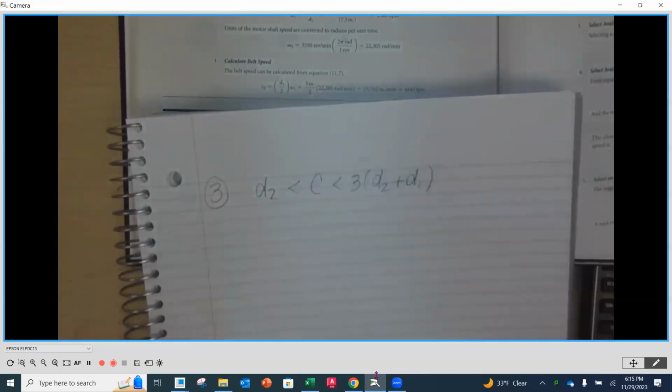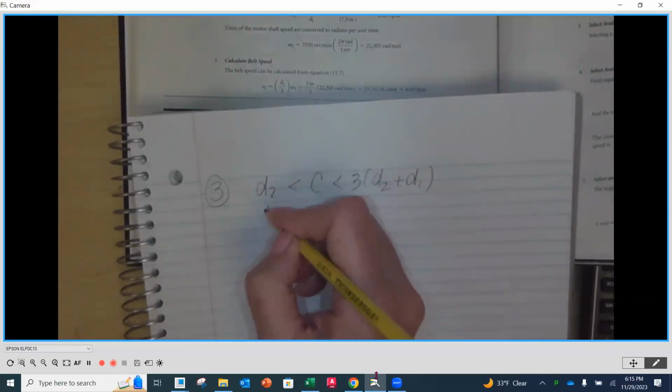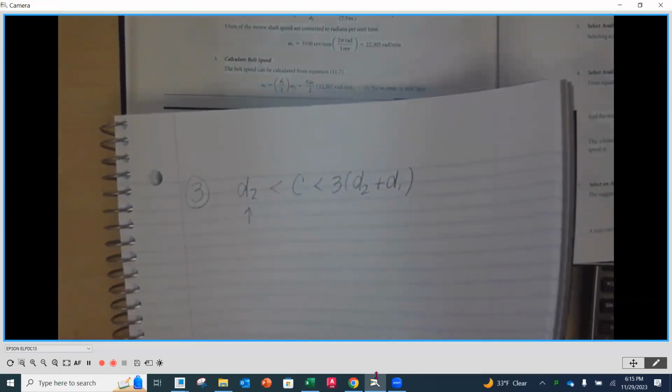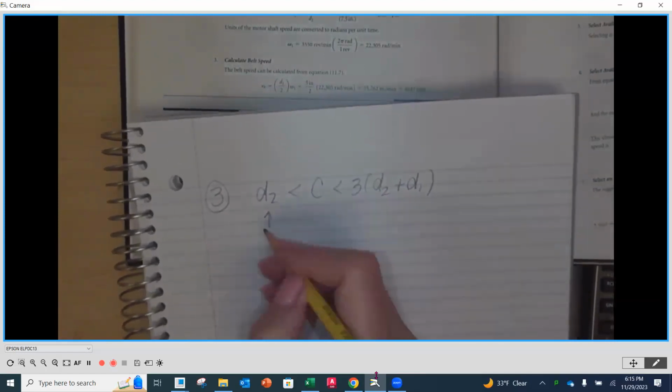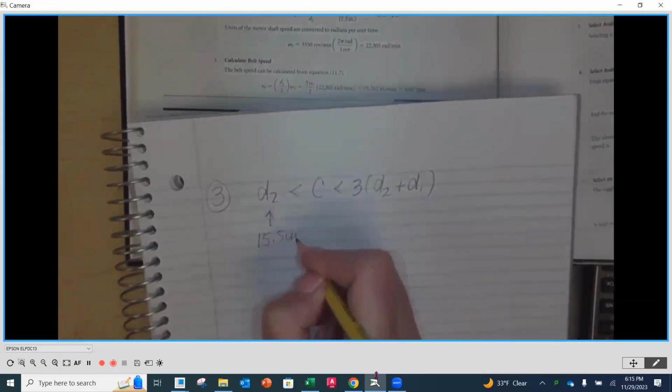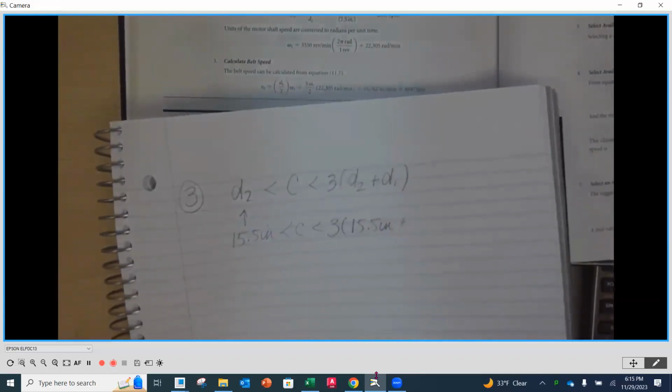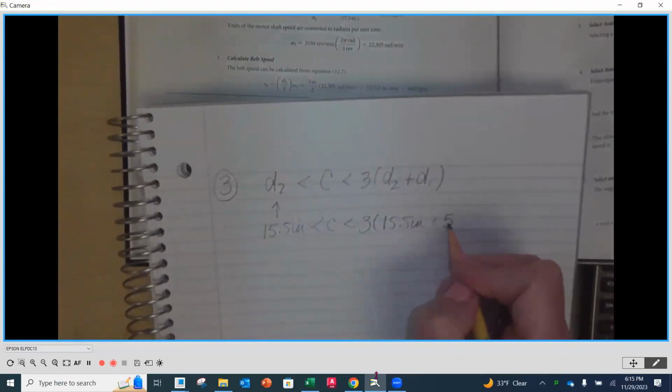We need to figure out D2, C, and then 3 times (D2 plus D1). Based on the sheave that we picked, our D2 is 15.5. Our center distance has to be between that and 3 times (15.5 inches plus 5.4).